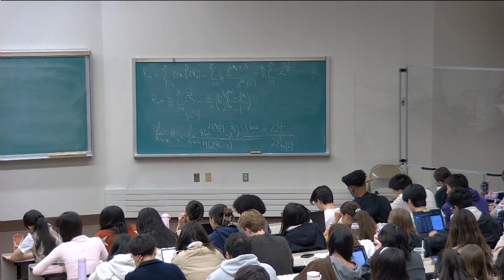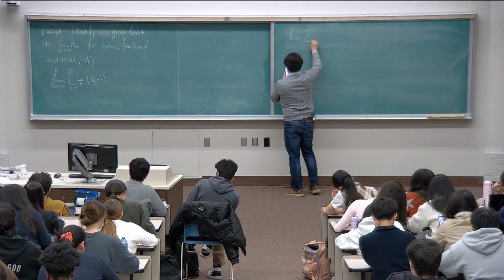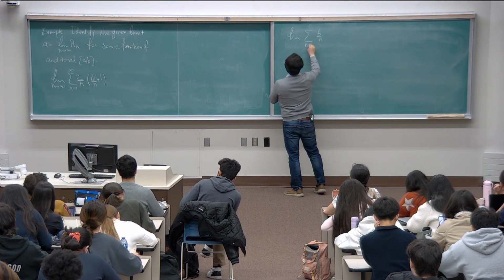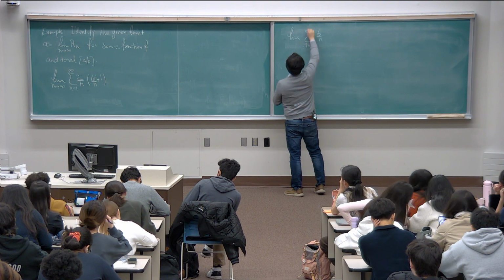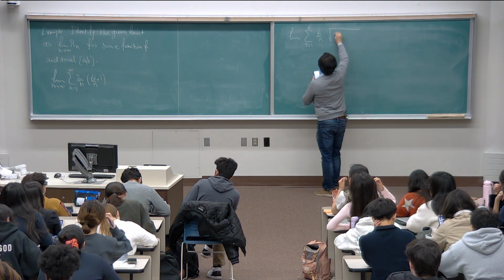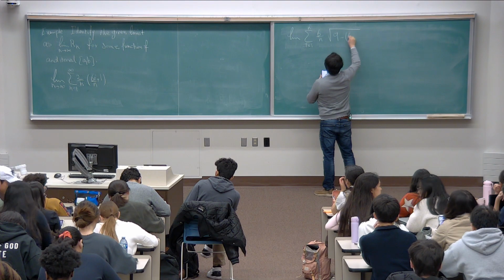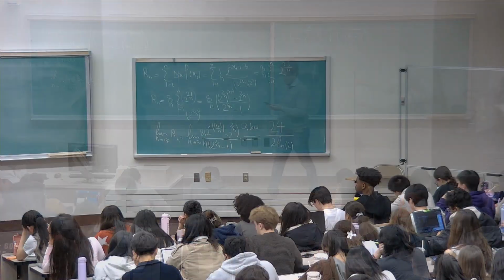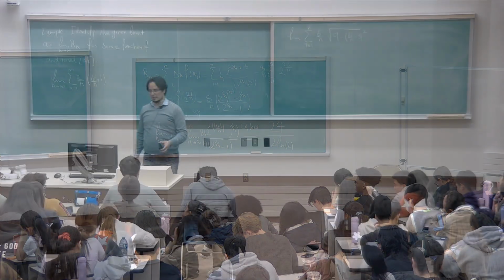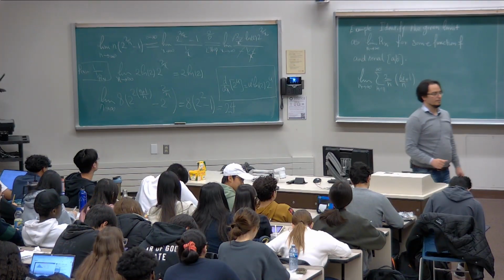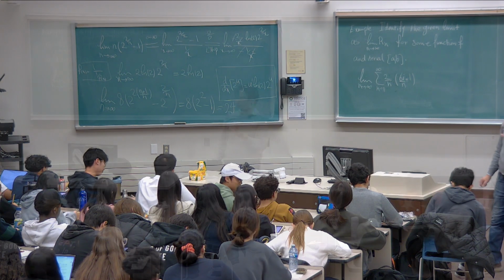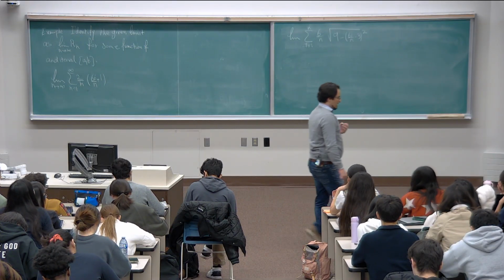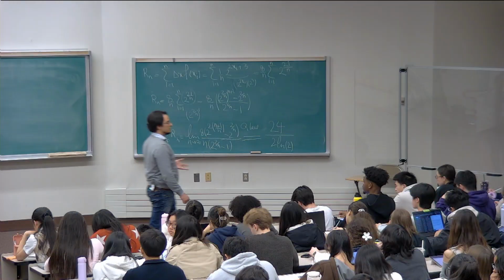Limit of the sum of 6 over n times the square root of 9 minus (6i over n minus 3) squared, where i goes from 1 to n. Please write it down. I'll tell you again what we mean by this specific example, and then we try to evaluate it.